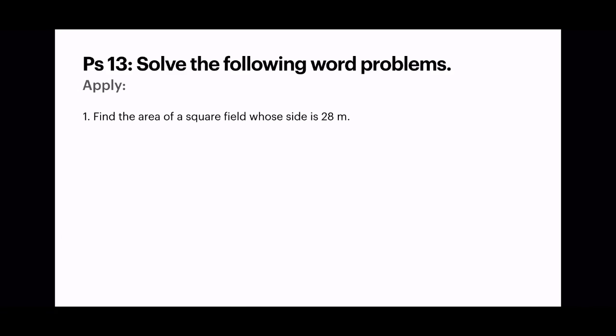Problem set 13. Solve the following word problems. Let us see the apply part, the first sum. Find the area of a square field whose side is 28 meters. Area of the square is side into side, which is equal to 28 meters into 28 meters, which happens to be 784 meters squared.